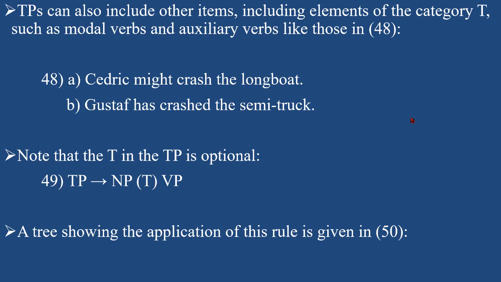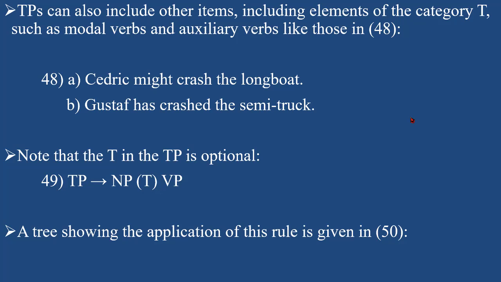So TPs can also include other items, including elements of the category T, such as modal verbs and auxiliary verbs like those in 48. So in 48 we have Cedric might crash the long boat. Gustav has crashed the semi-truck.